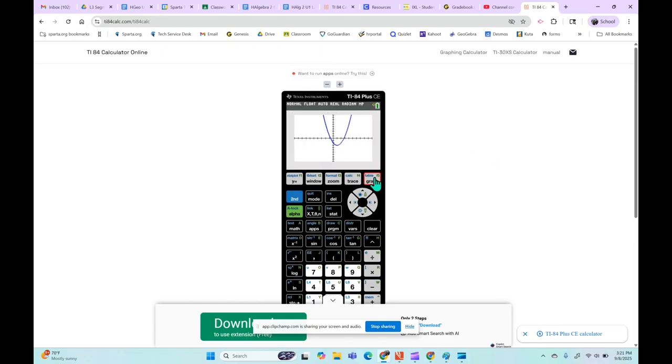If you look at the graph, you can see it right here. You can get a table. You can even set up your table, tell it to start at, let's say, -10 and go up by ones. Oh, I have to use the negative button, sorry, not the minus key.